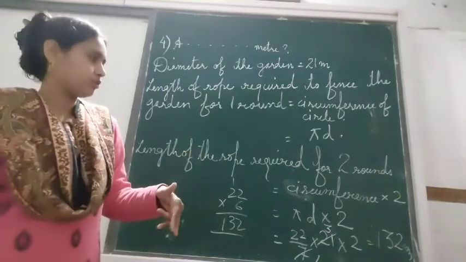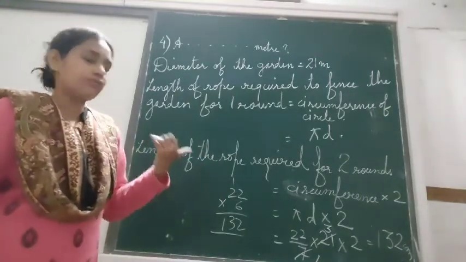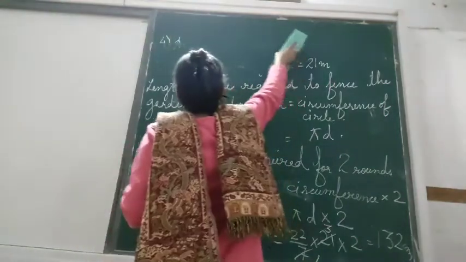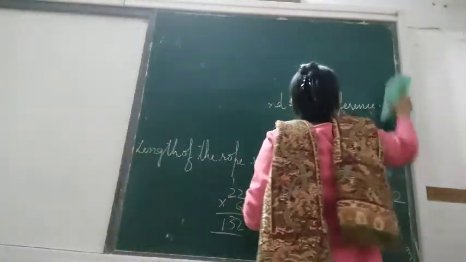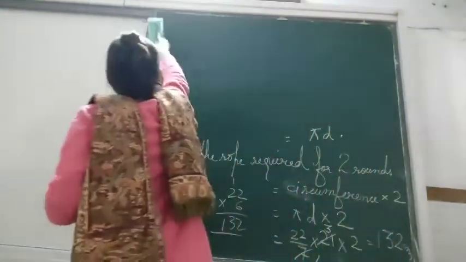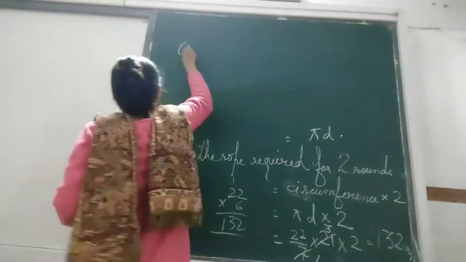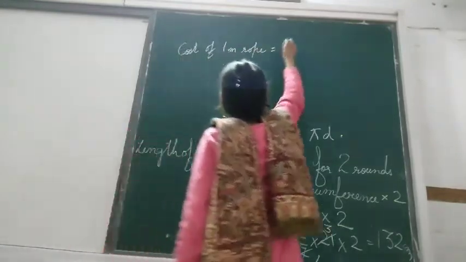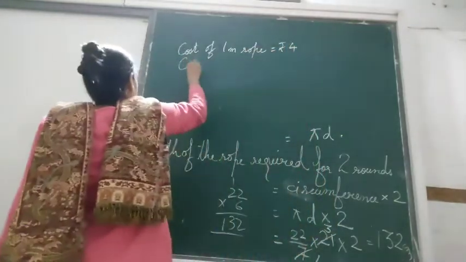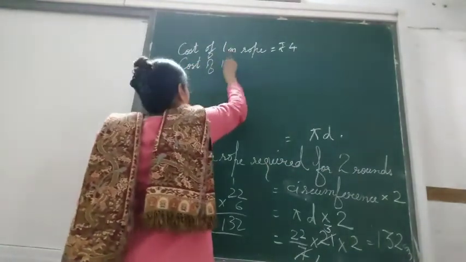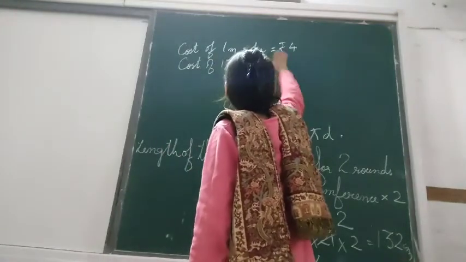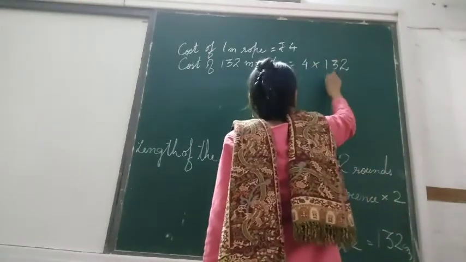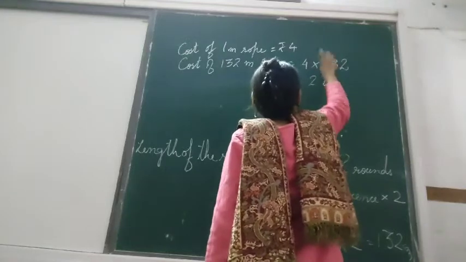But now we have to find the cost also. So we write: cost of 1 meter rope is rupees 4, then cost of 132 meters of rope is 4 into 132. 4 2s are 8, 4 3s are 12, 4 1s are 4, that's 5.